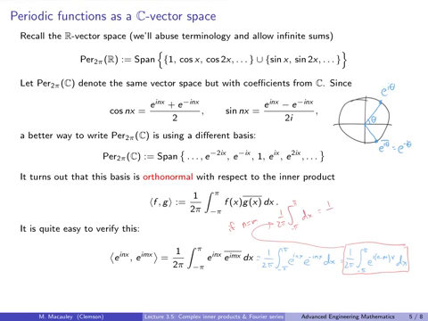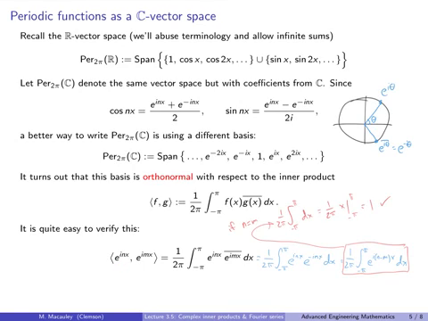So that's 1 over 2 pi times x from negative pi to pi. That's 1 over 2 pi times pi minus negative pi. That's 2 pi, so that's equal to 1. So if n and m are equal, then this inner product is 1. In other words, each of these functions has norm 1.